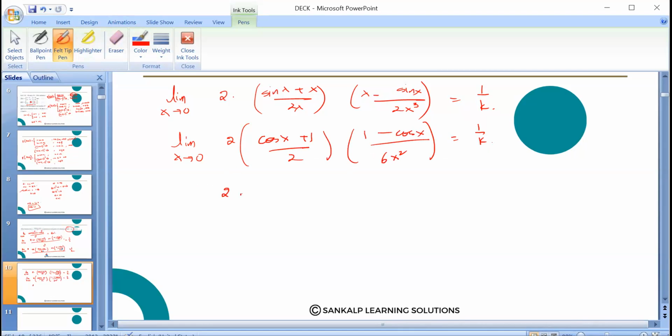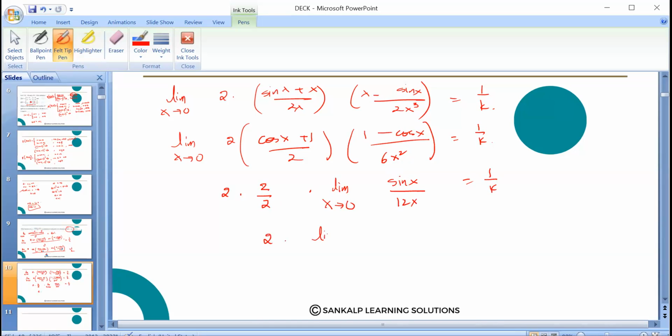So here I will have 2 into cos 0 is 1 plus 1, 2 by 2. But here I have to apply L'Hopital's rule again for this part. Sin x by 12x equal to 1 by 2.